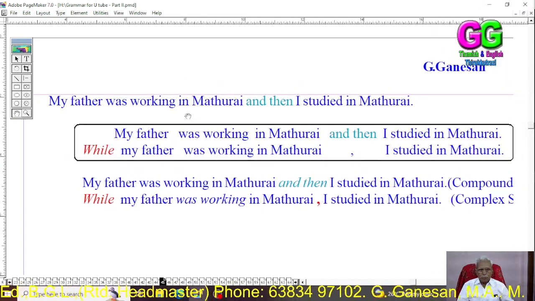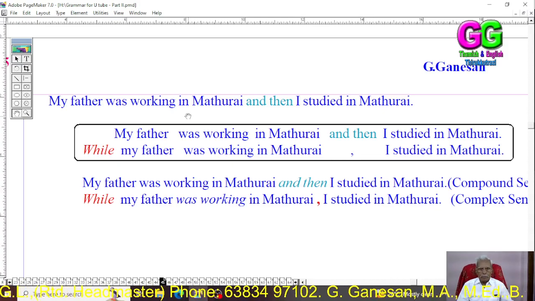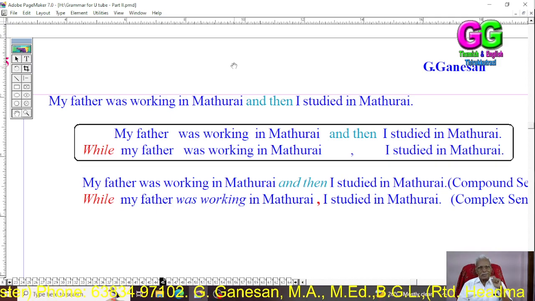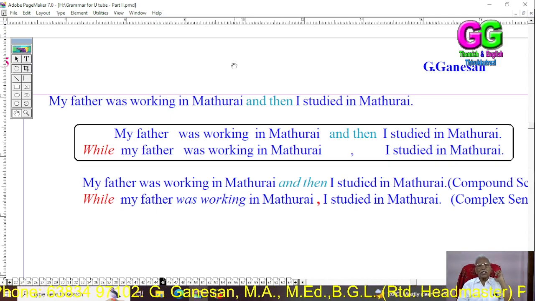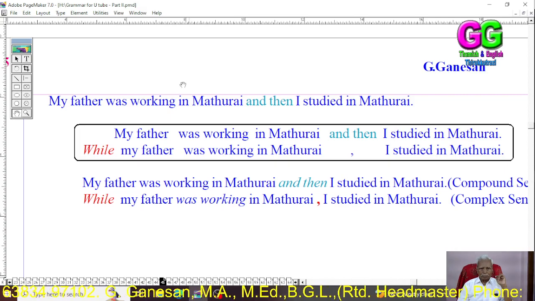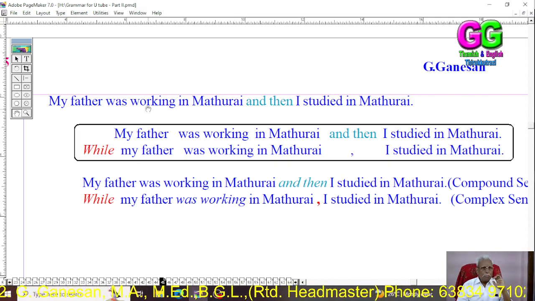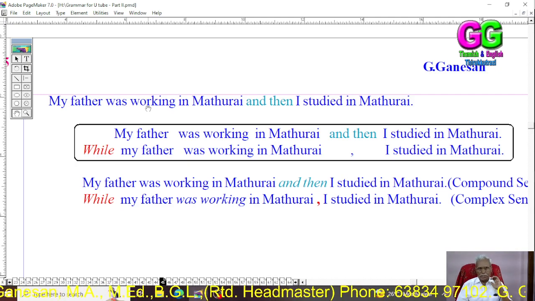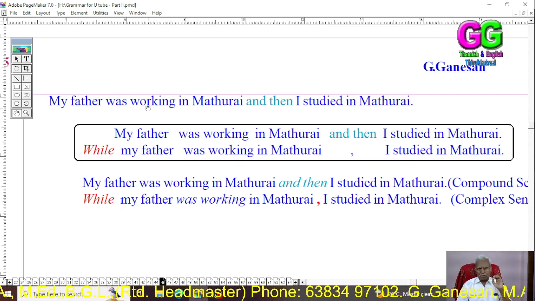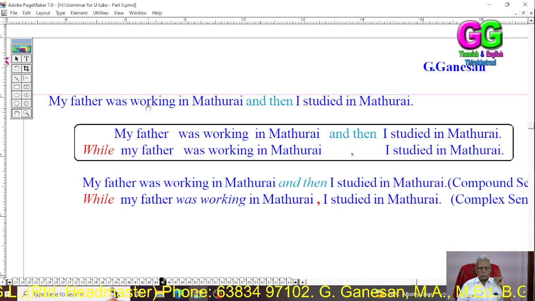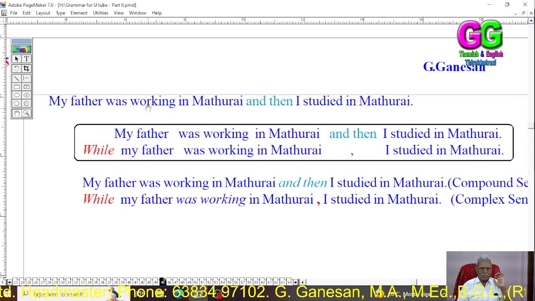Eighth example. My father was working in Madurai, and then I studied in Madurai. That is, once my father was working in Madurai, then I studied in Madurai. Here the tense is past continuous. When the tense is past continuous, the apt complex conjunction is "while". We should not use "when".